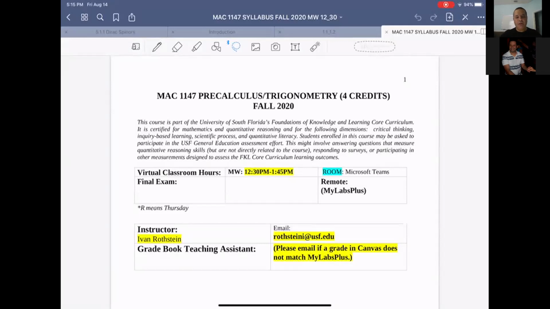MAP 1147 Pre-Calculus Trigonometry. It's a 4-credit-hour course. We are in fall of 2020. You are either in the 12:30 or the 2 o'clock class.